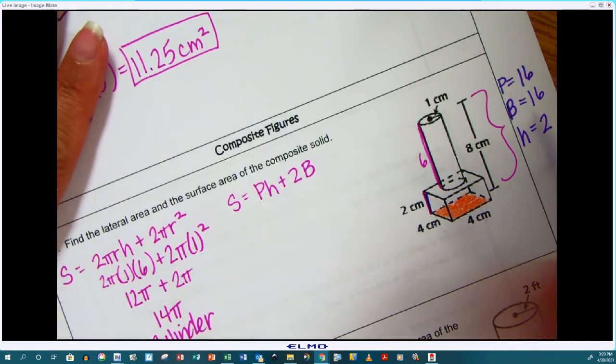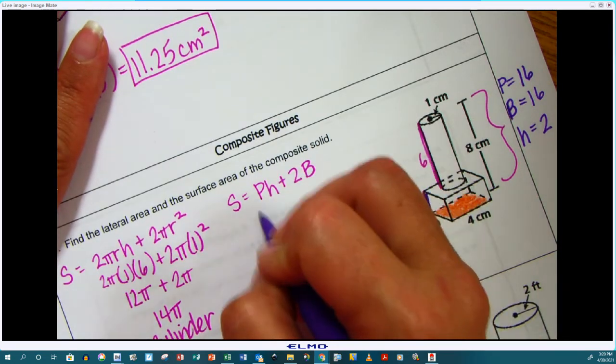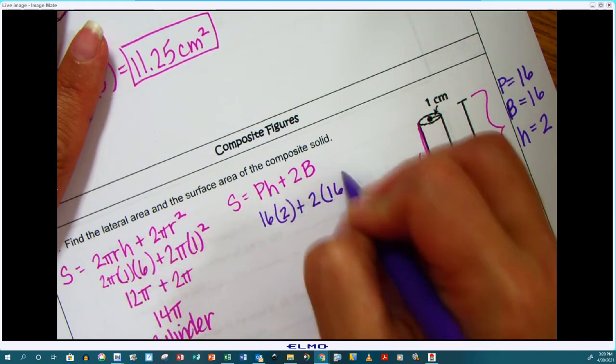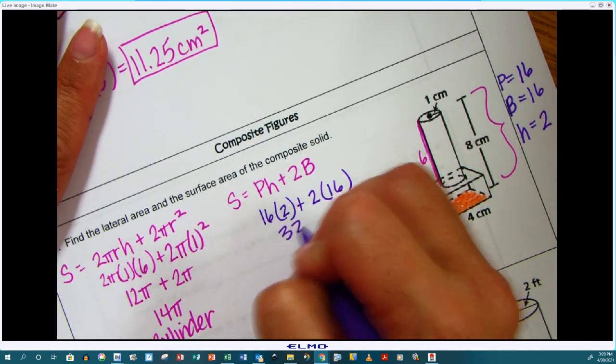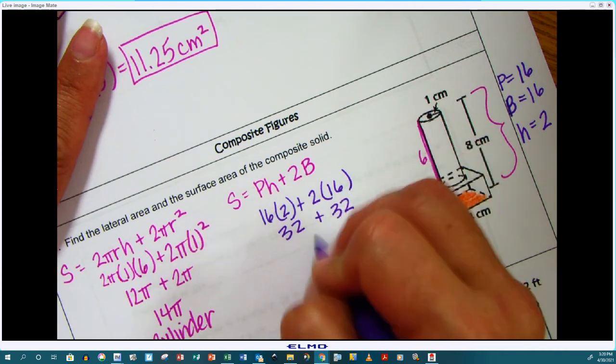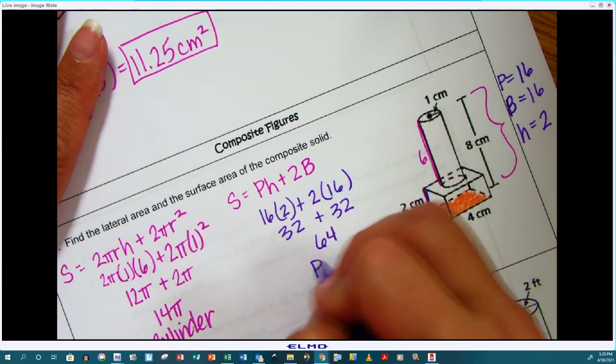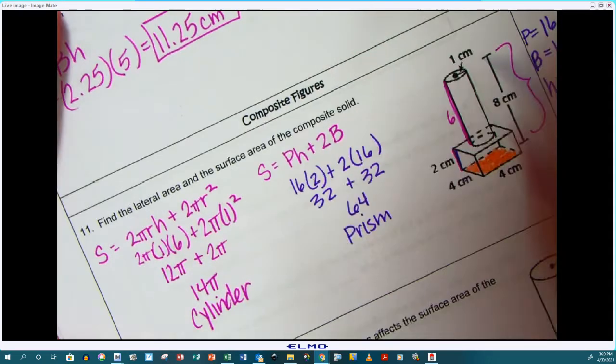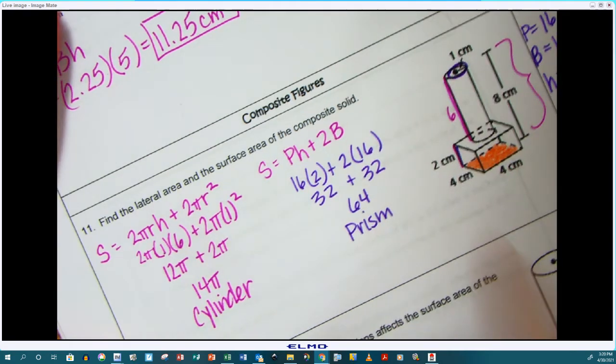So now let's plug those 3 numbers in over here. So we got 16 times 2 plus 2 times 16. That's 32 plus 32. That's 64. So this is the prism. So let's add these two together. And then let's make sure we subtract this circle 2 times because we don't see the bottom.